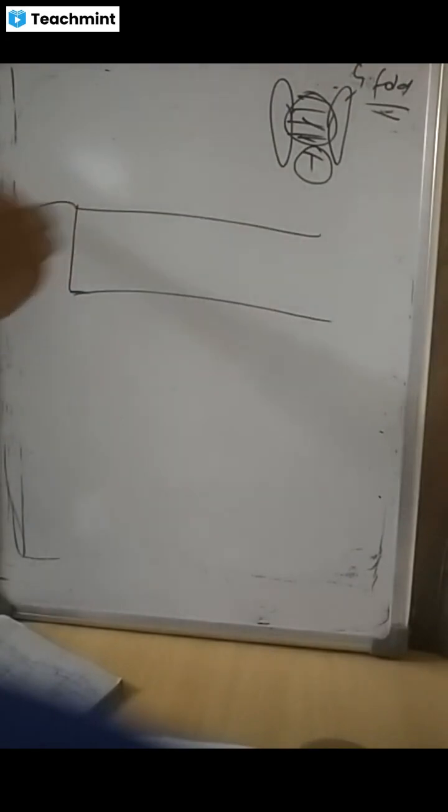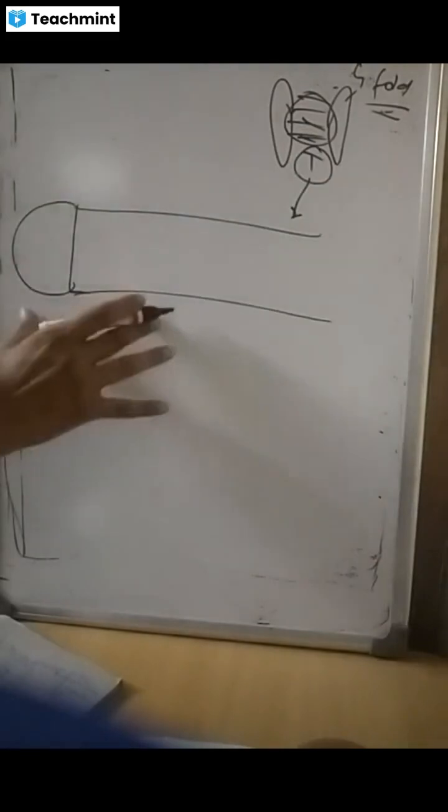So different from this tubercle and the sides, these are the cells. So what we have from this tubercle, this is formed from this tubercle.